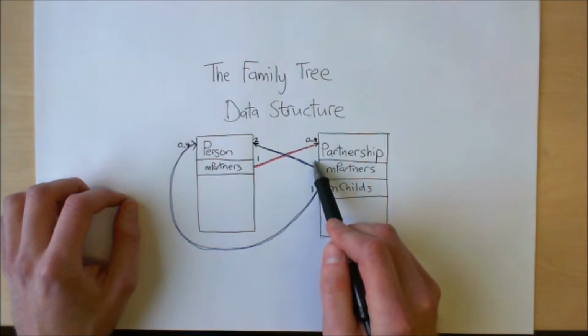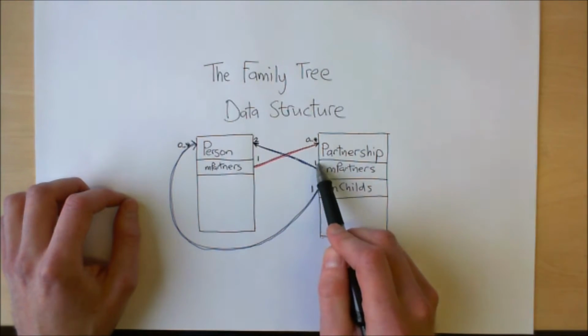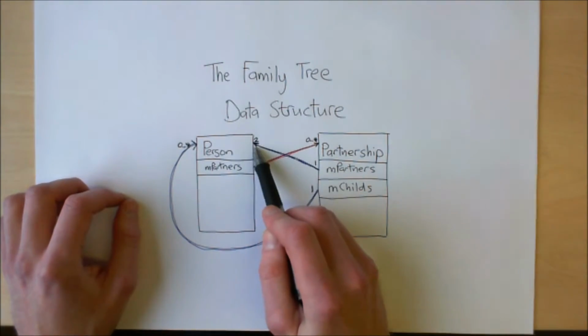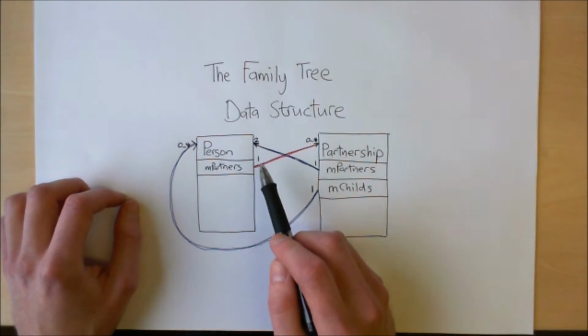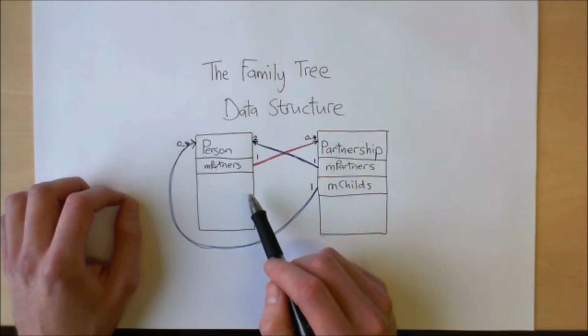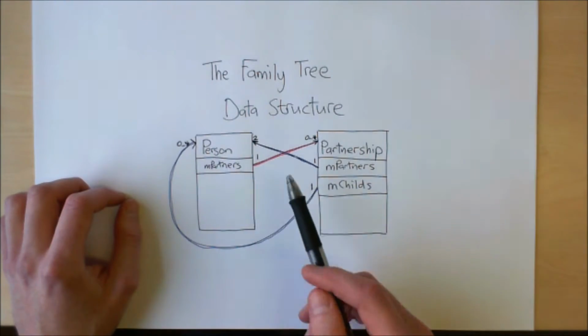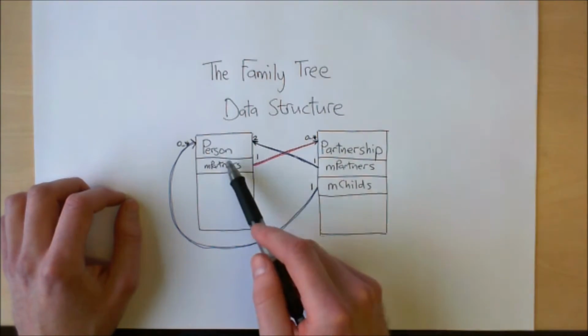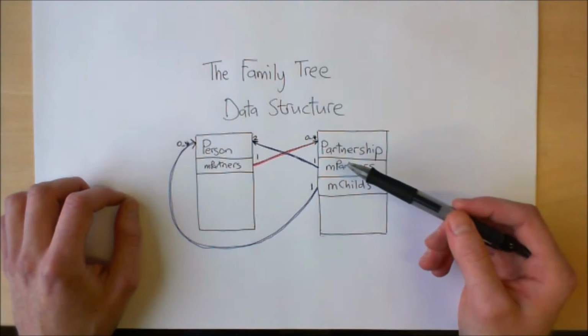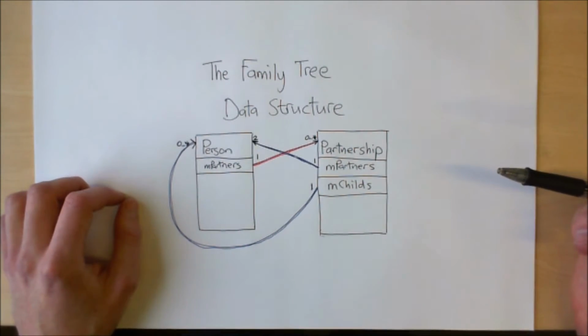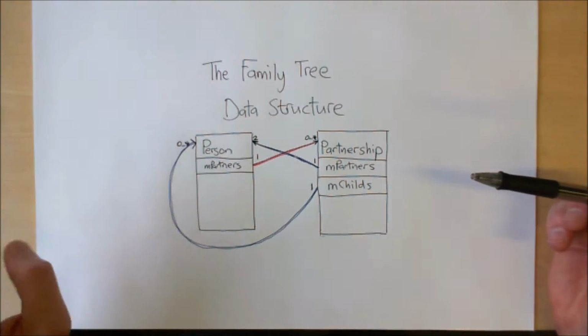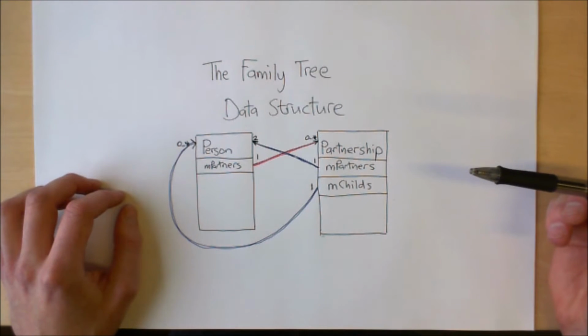So you have a relationship of 1 to 2, so you have one partnership, and that has links to two person objects. Now, one of those person objects is going to be the original person that linked to the partnership, and the other one will be the other person in the partnership. So it takes two people to make up a partnership.